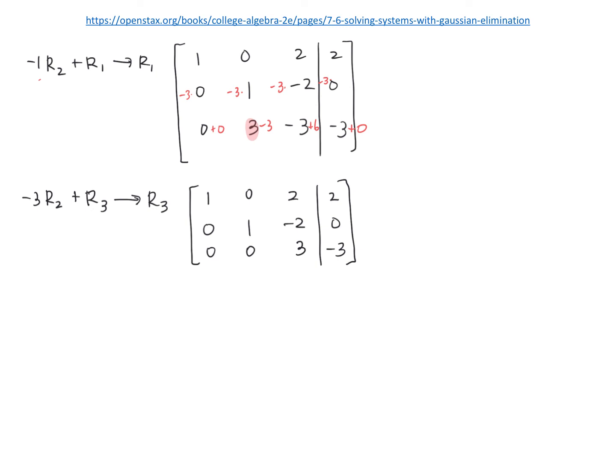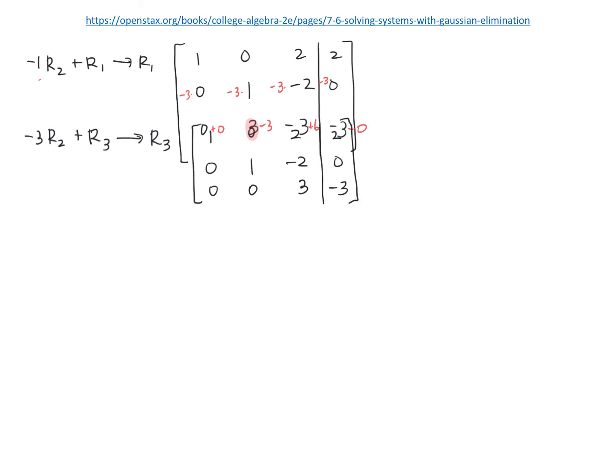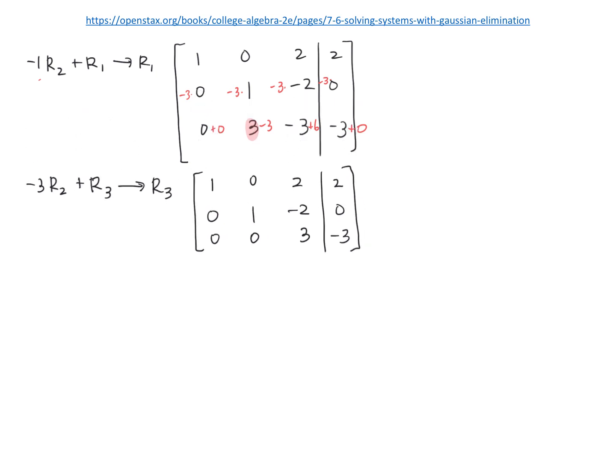Okay, we're done with column 1. We're done with column 2. Now we're down to column 3. We need to have column 3 be all 1s and 0s. We want to first focus on making the element in row 3, column 3, or A33, a 1.